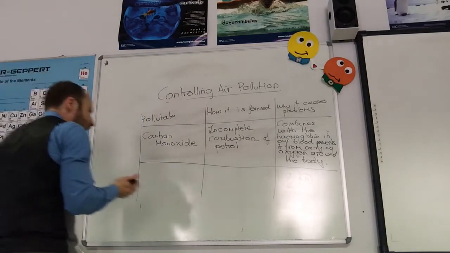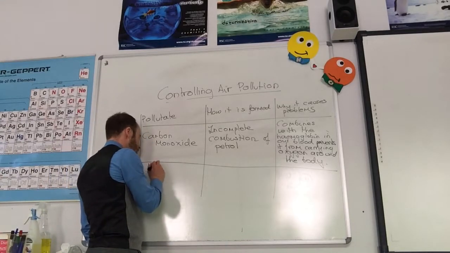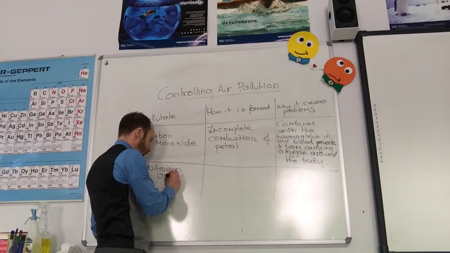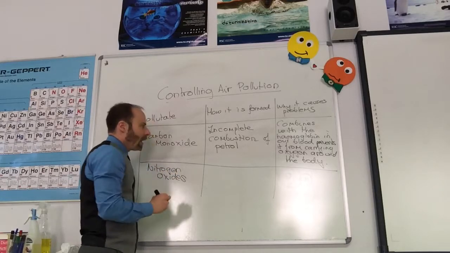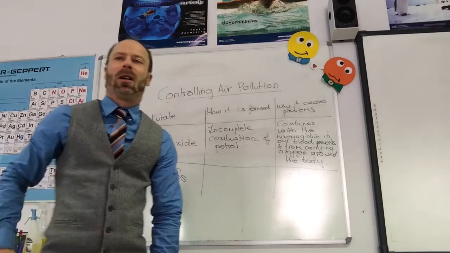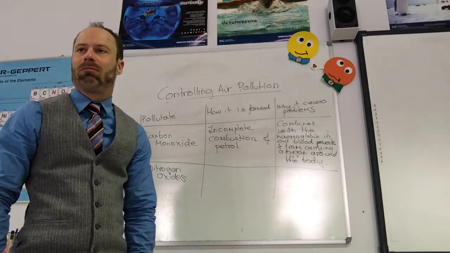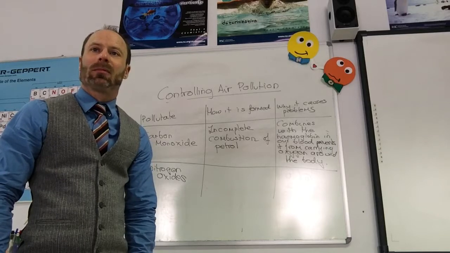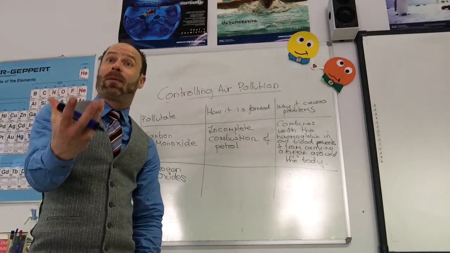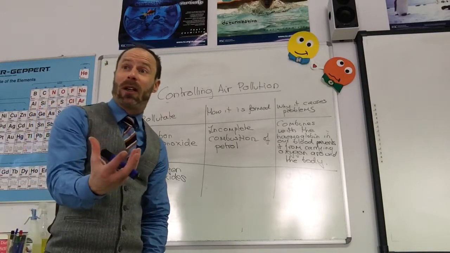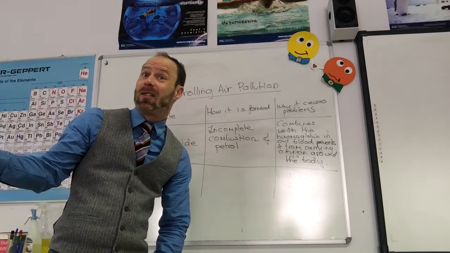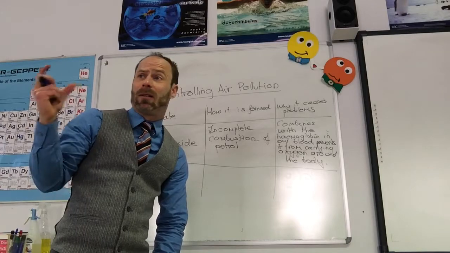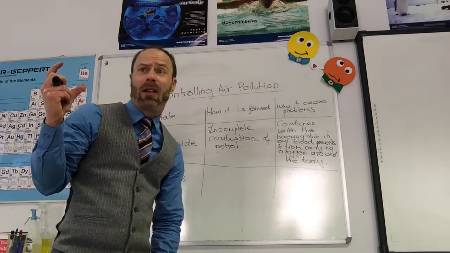The next one we looked at a little bit: nitrogen oxides. Why are nitrogen oxides formed in the car engine? Because it's really high temperature and high pressure in your car engine. Nitrogen and oxygen don't generally react, but when we looked at ozone, lightning can get them to combine.